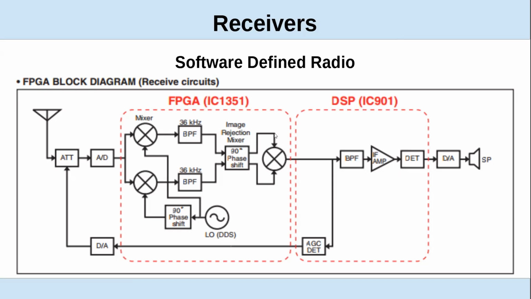And you're sort of doing the same type of things you do in a superheterodyne. It's just that you're doing it digitally. Then you come out in the second chip where you're doing the IF to AF portion of the signal through bandpass filter, amplifiers, your detector circuit, depending on whether you're doing AM, FM, sideband, any of the other modes.